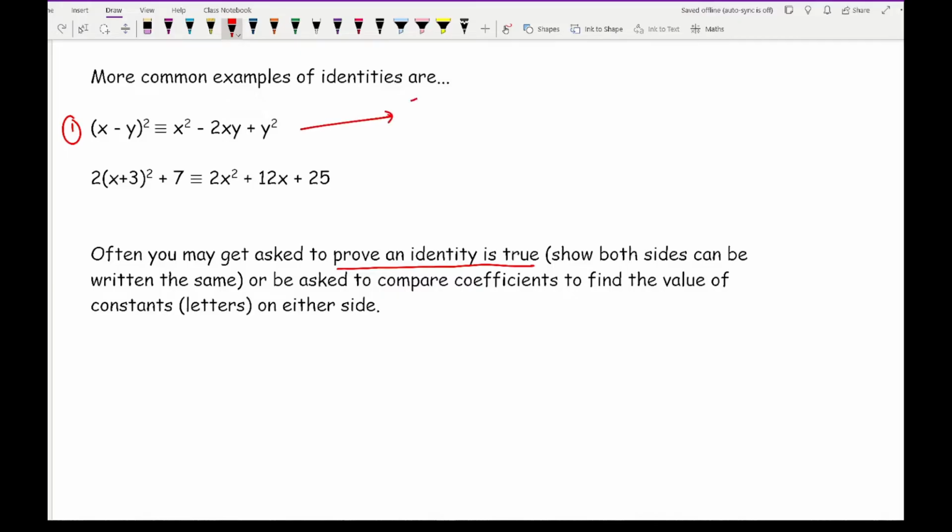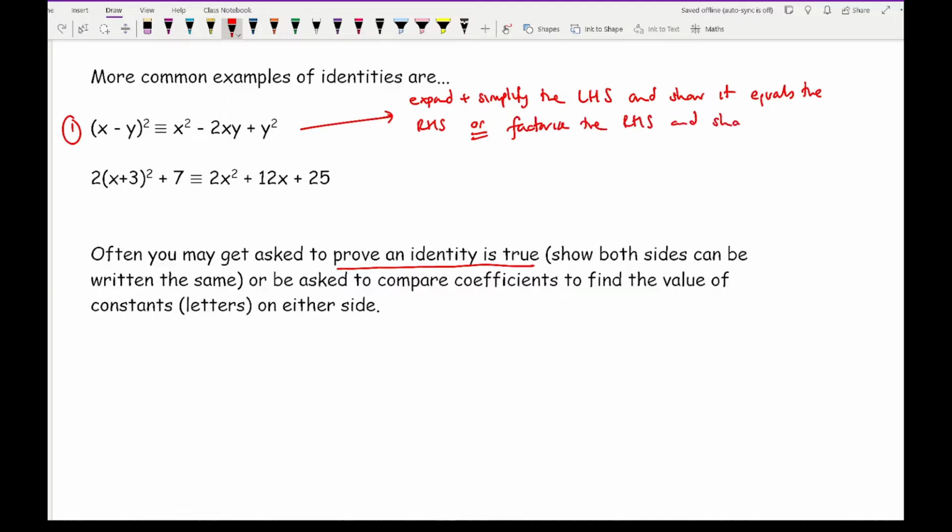Either you could expand and simplify the left hand side and show it equals the right hand side, or you could factorize the right hand side and show it's the same as the left hand side.